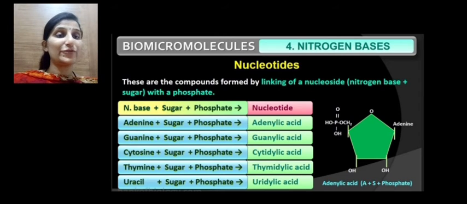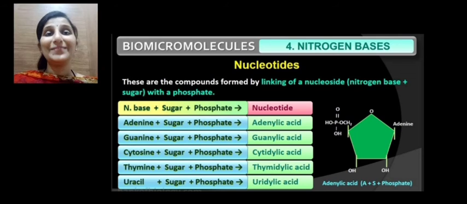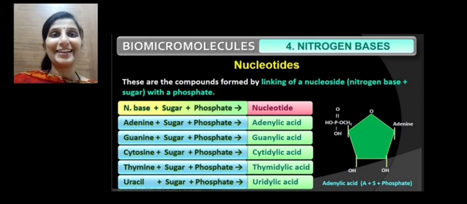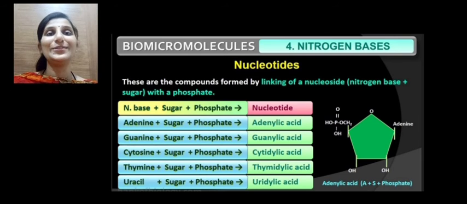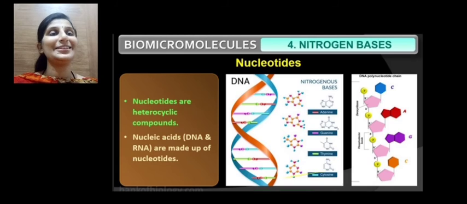Uracil plus sugar plus phosphate forms uridylic acid. So these are the different types of nucleotides based on the type of nitrogen base attached to the sugar and phosphate. So what are nucleotides? They are compounds formed by linking of a nitrogen base, a sugar and a phosphate. Yes, very good.